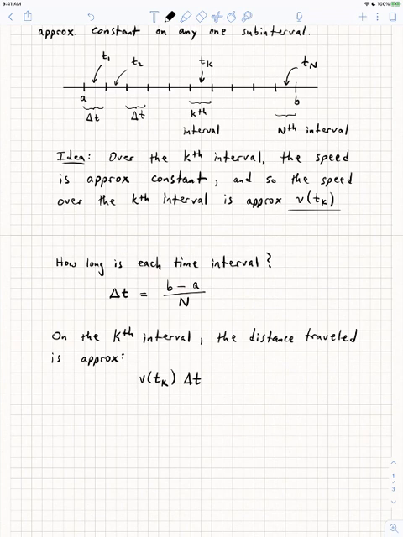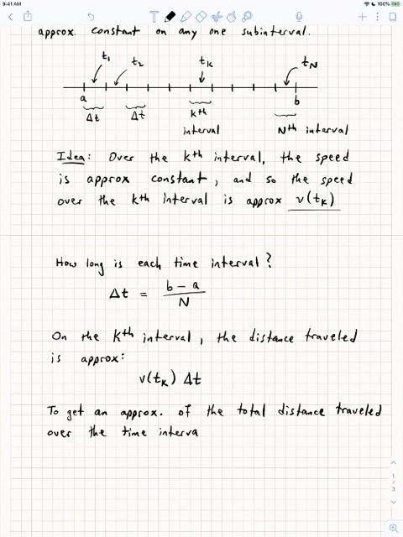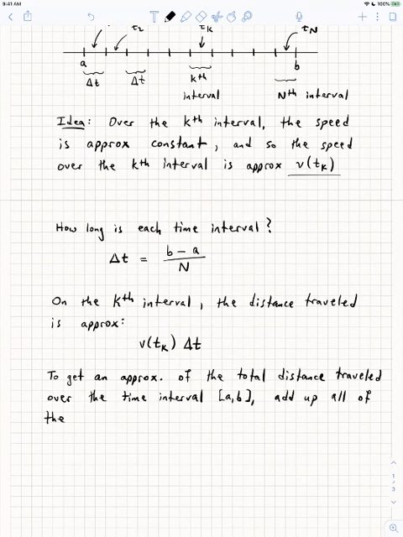This is over just one interval, so to get an approximation of the total distance traveled over the time interval from A to B, add up all of the approximate distances over each subinterval.